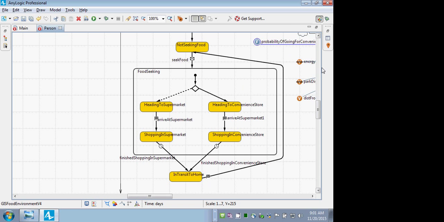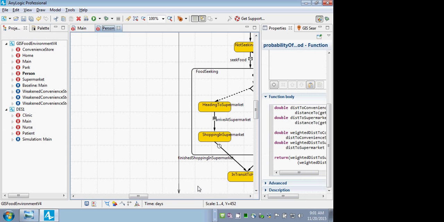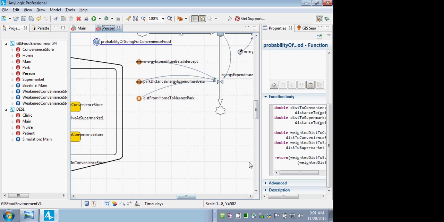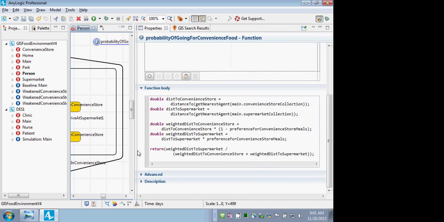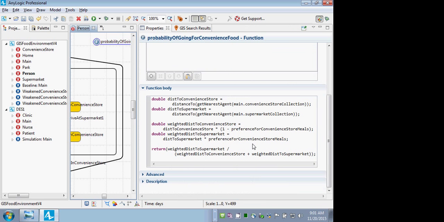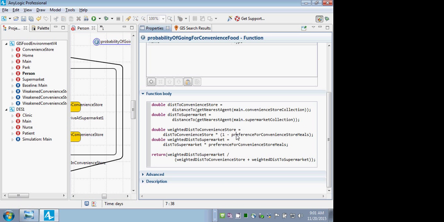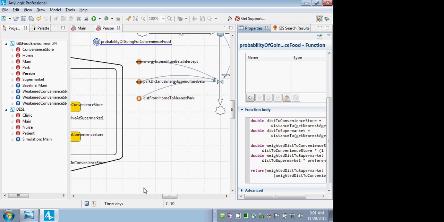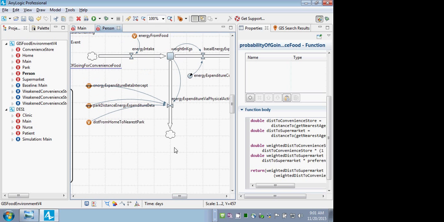So this was all incorporated in our model yesterday, and we also had some sort of simple representation of the impact of park distance from someone's home as affecting their behavior. So simple model, fairly stylized, but it highlighted for us some of the features of GIS within AnyLogic and the potential for drawing in GIS context.